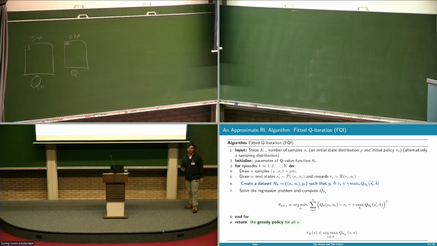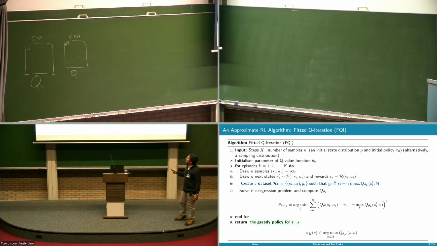And that gives us exactly the first generalization of the Q iteration that we have seen. This is called the fitted Q iteration. The idea is simply this: think of it as emphasizing 3 points, rollouts, evaluation, and then final policy improvement or policy recommendation. At every episode, we take an initial state distribution and an initial policy, or you can think you have a data set, or a simulator from which you can sample lots of state actions.